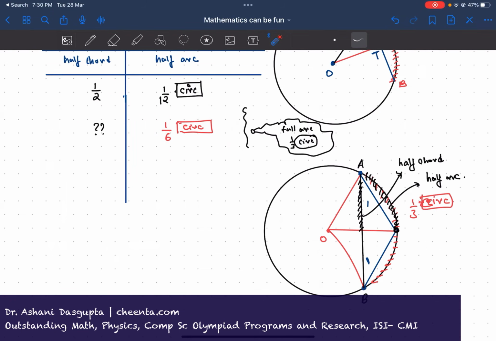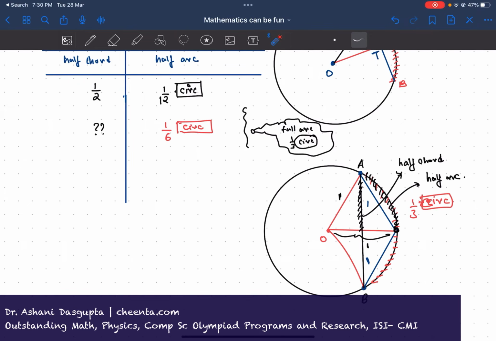So let's calculate. We know that this is 1 and this is 1 because both of them are radius, and this is 1 because this is 1/6 of the circumference. So this chord is 1. This we deduced from the previous video.